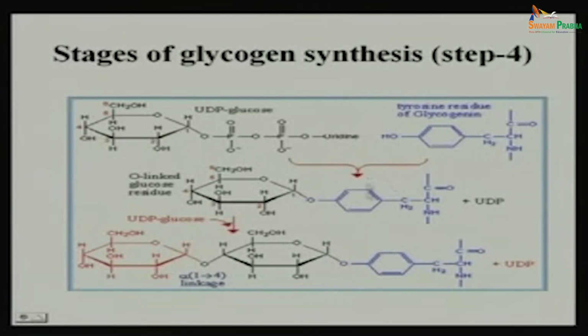Now it becomes UDP, and glucose is attached with the glycogenin protein. This way UDP glucose keeps supplying, allowing the reaction to go forward. Every time UDP glucose comes in contact with this, the 4th carbon, you see, is free, and in this way new residues come and get attached.